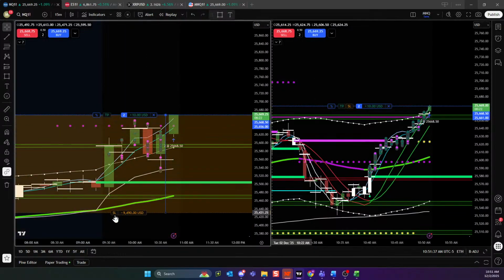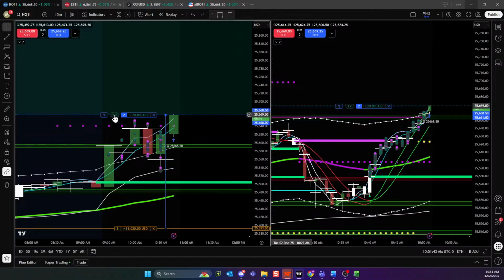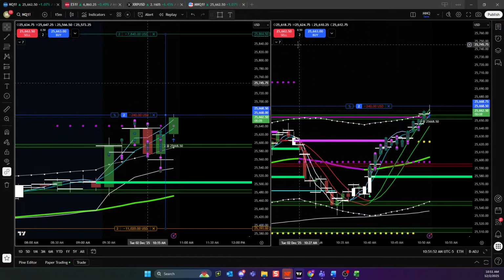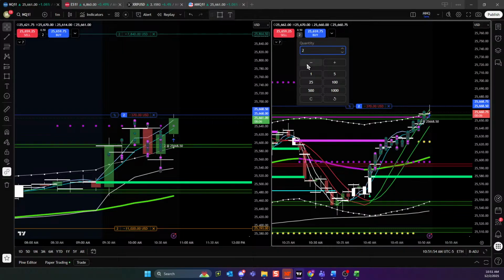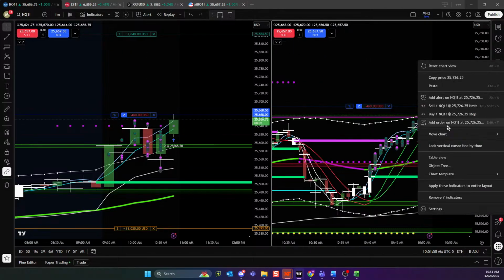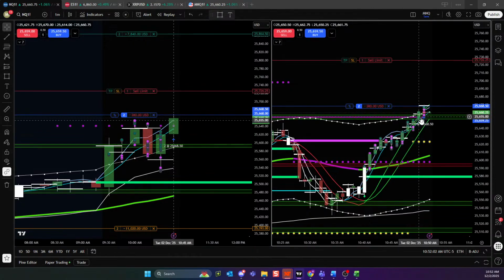I'm going to put my stop loss and my profit target where they shouldn't get hit, just for the sake of the lesson. If I want to take a partial, I have to reduce my contract quantity to 1. Then I right click and sell 1 because I bought 2.